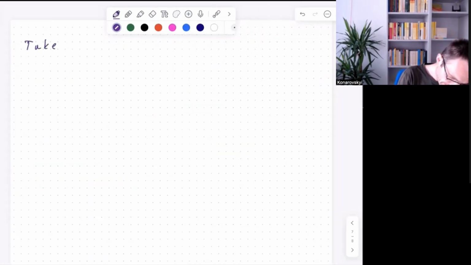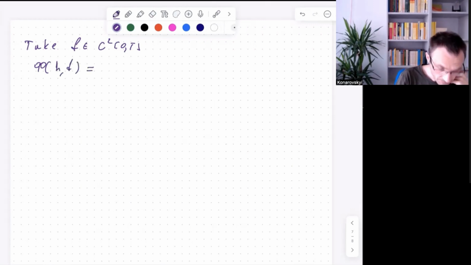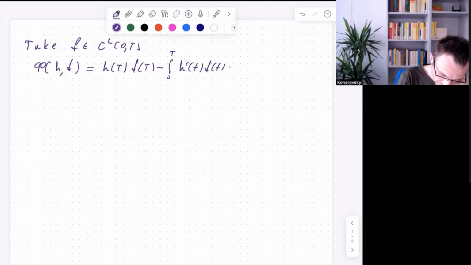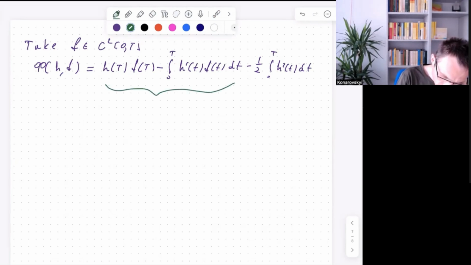Okay, take f from C to 0T. And then let's consider the function phi of h comma f. It is equal to, I want to copy that function again, minus the integral from 0 to T of h prime of t f of t dt, and minus 1 over 2 the integral from 0 to T of h squared of t dt. Now let's remark that this part you can take and move inside the differential.